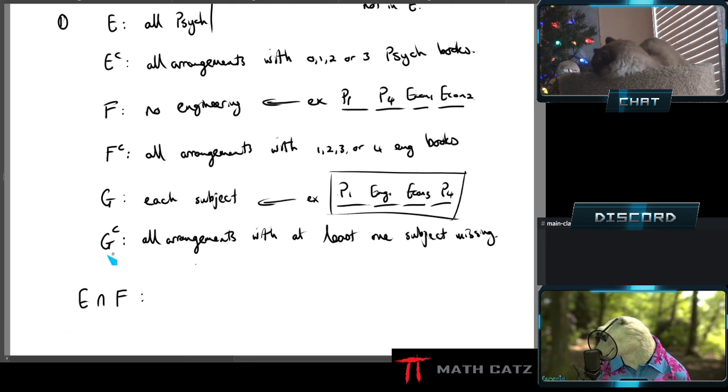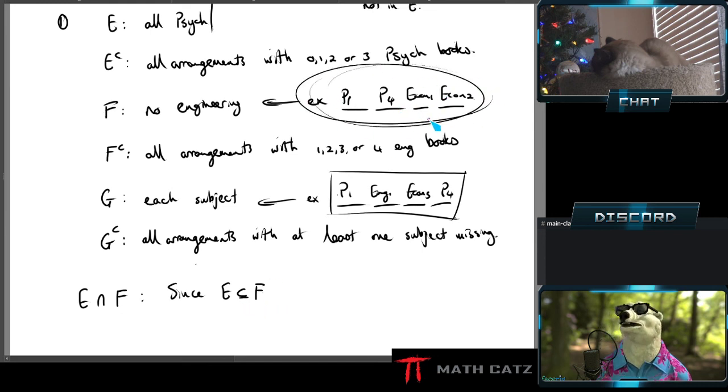So it's a little bit more difficult to visualize these. I have to talk through for myself what each one's requirements are to sort of see how they're related. In this case, since E's requirement is already in F, but F has more. F can be satisfied in this way over here. And E doesn't like that. But anything that E has, which is arrangements with all psychology books, F will be happy with that as well.